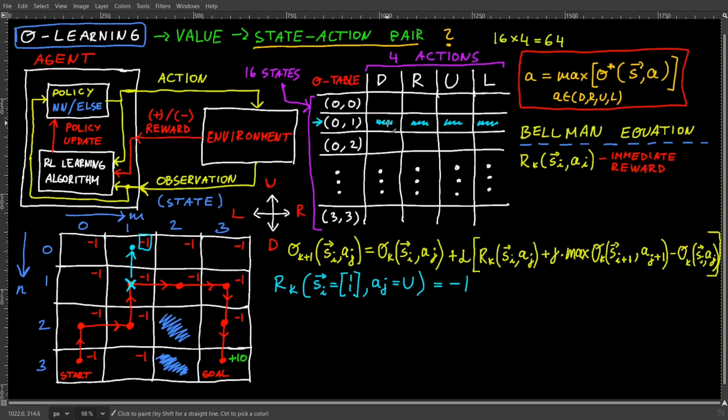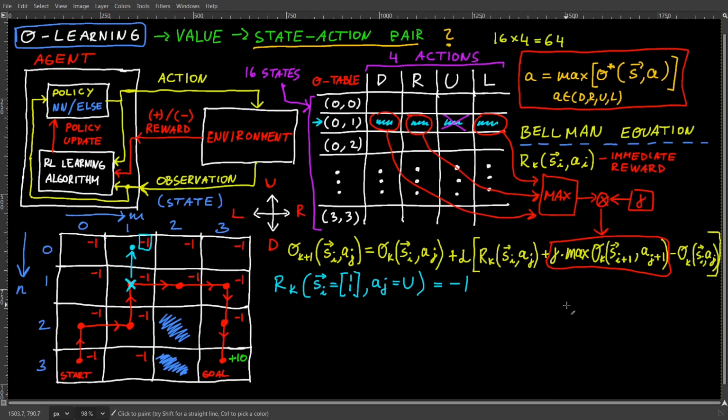You check which state action pairs are actually possible. You know that this one is not possible. You compare all the Q values that are possible, and you take the maximum value, which you multiply by the discount factor, and you get this term here.